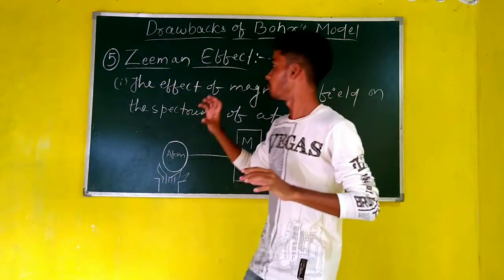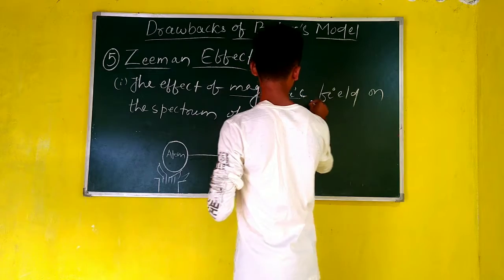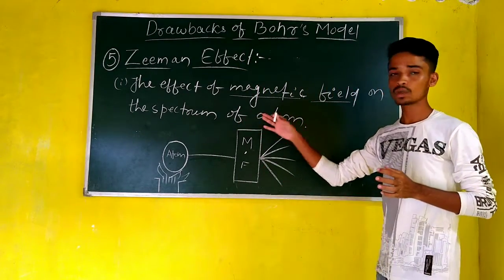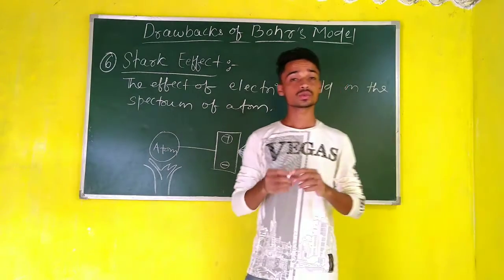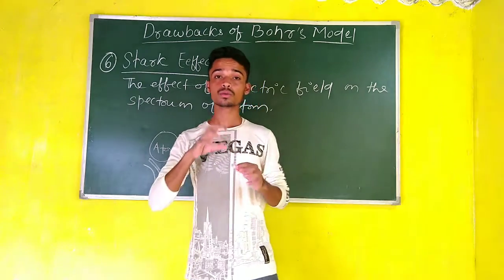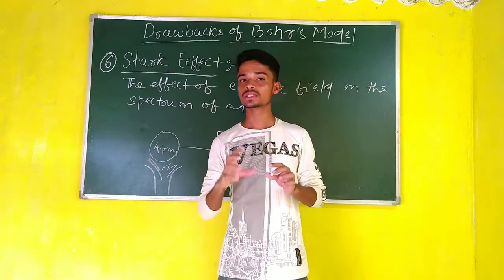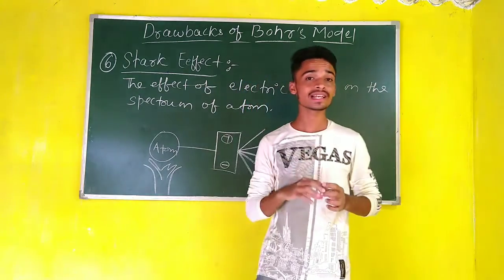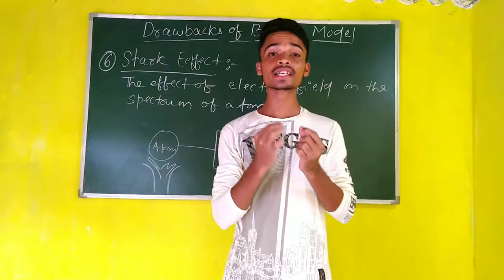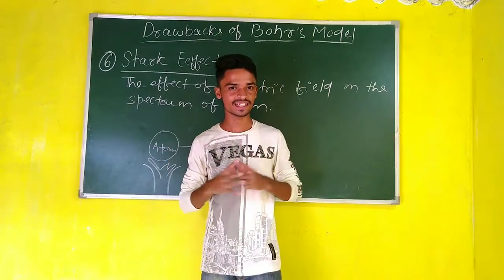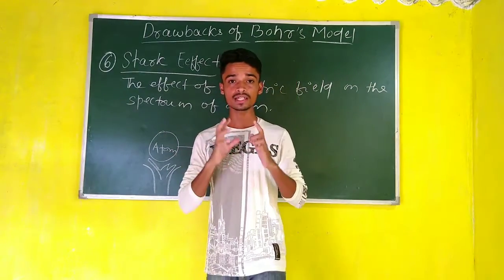So the definition of Zeeman effect is the effect of a magnetic field on the spectrum of an atom. One time a group of scientists asked Bohr to tell something about the Zeeman effect, but Bohr could not give a single view. So this is a most important drawback of Bohr's atomic model.